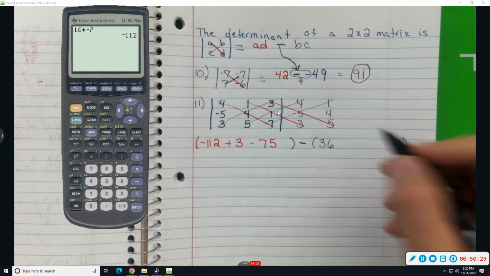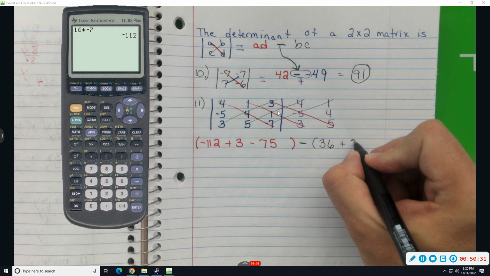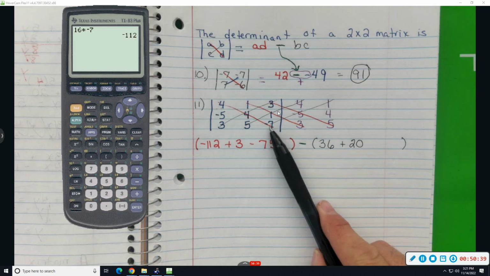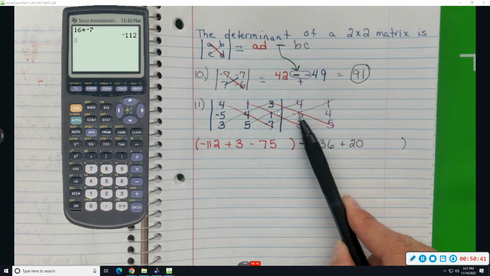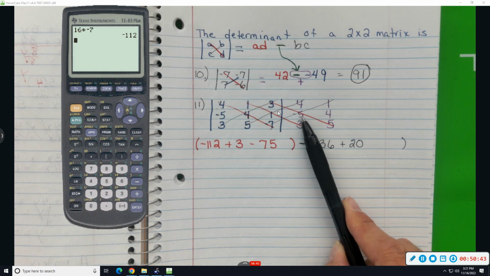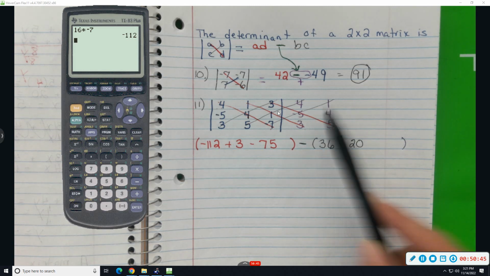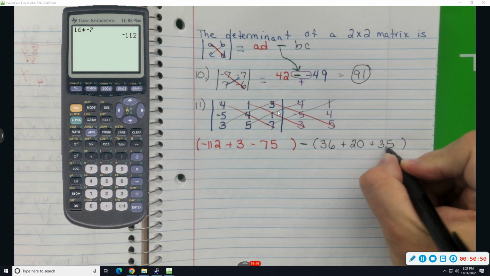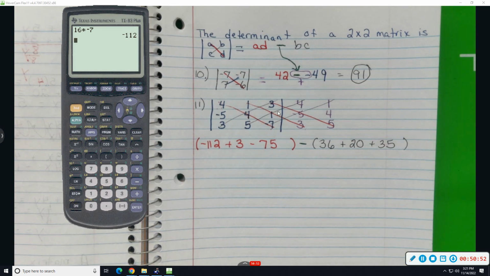Times 5, that's a positive 20, so I'll write plus 20. And what's the last diagonal going to be? Negative 7 times negative 5 is a positive 35. Times 1, that's just a positive 35.